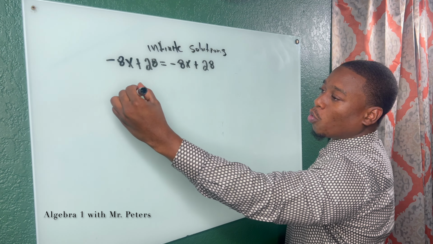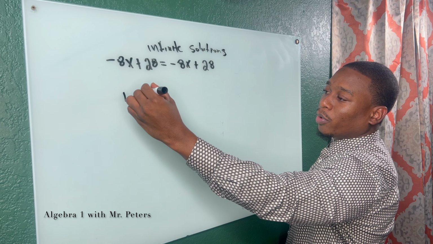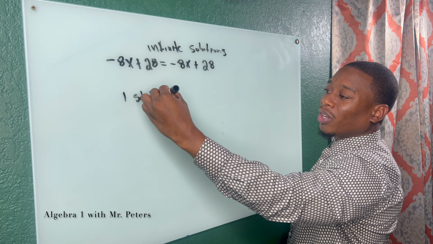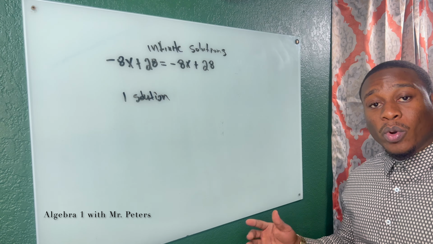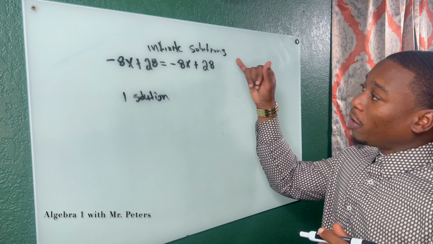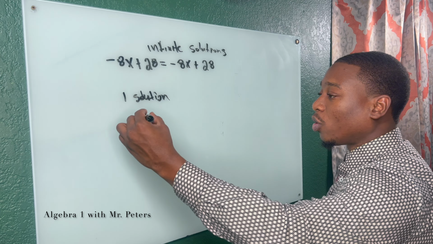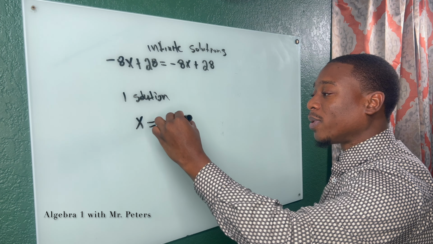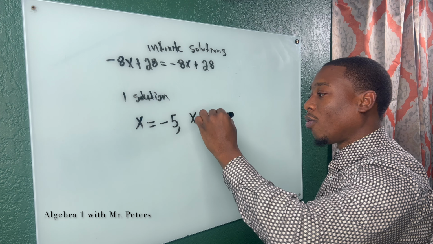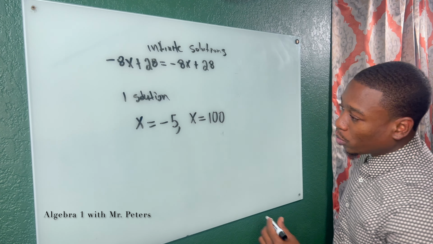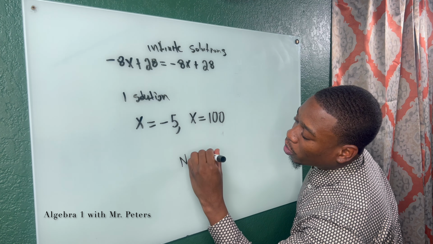Let's say we have one solution. And just remember that these are linear equations, meaning there's only one answer. So we either have infinite solutions where the left side is equal to the right side, one solution where x is equal to a specific number, and then the last is when we have no solution.